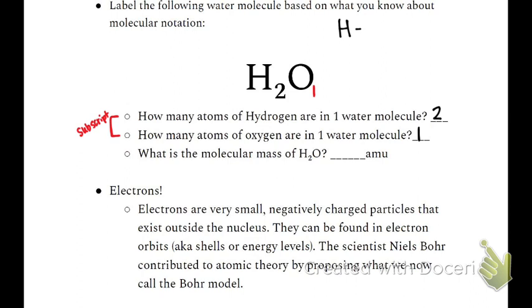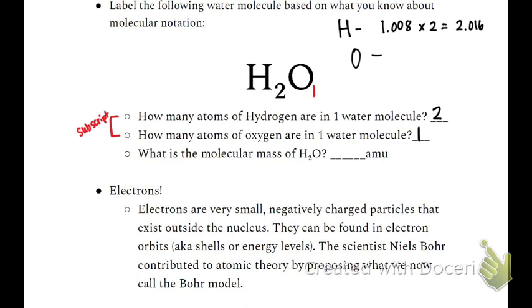What is the number? 1.008. And in water, what do you know about the hydrogens, Dylan? There are 2 of them, so we need to double that. So what is 1.008 times 2? 2.016.